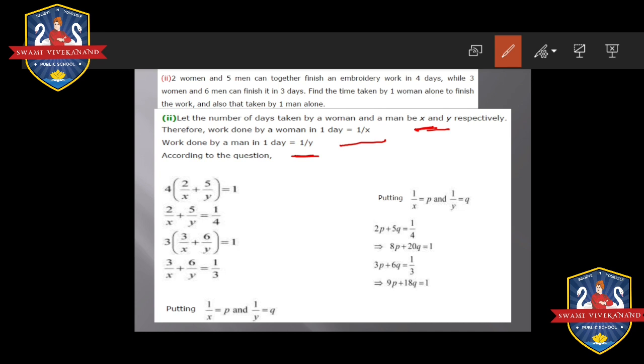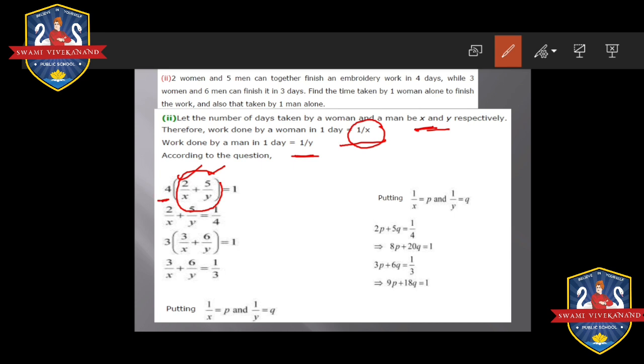Now according to our question, if a woman completes 1 by x work in one day, then how much work is completed by 2 women? That is 2 by x. How much work is completed by 5 men? It is 5 by y. 2 women and 5 men will complete the work in 4 days.